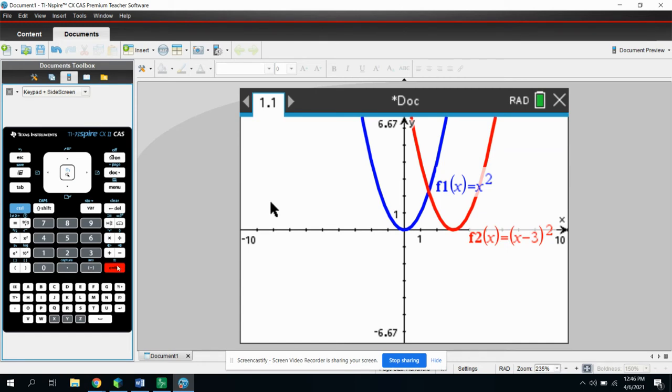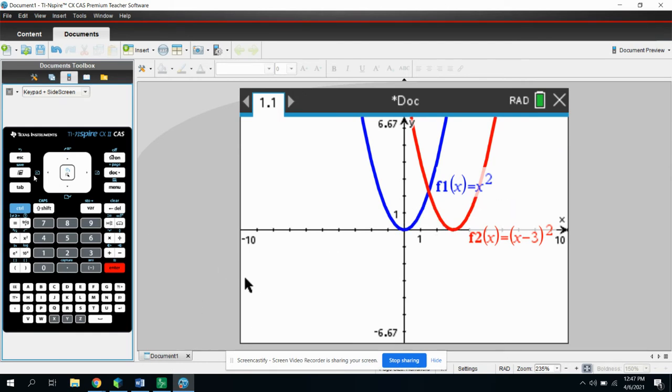You can see that our new one, the red one, is moved over 3 from the vertex. Simply put, when you subtract 3, you would think that it would move 3 to the left, but it actually moves it 3 to the right.